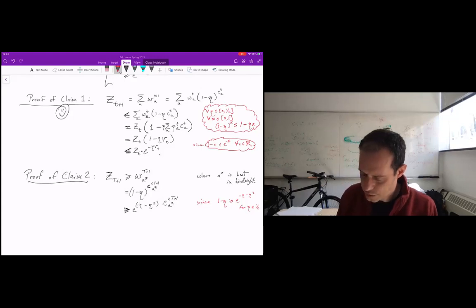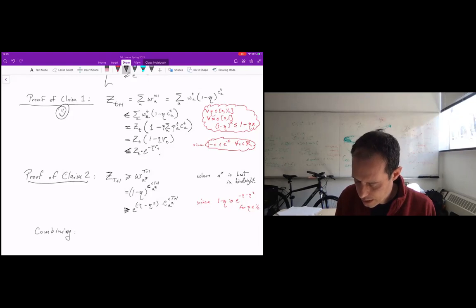All right, so let's put these together. On one hand, we know that Z_{t+1} is at least e to the minus eta squared times the cost so far of A star.